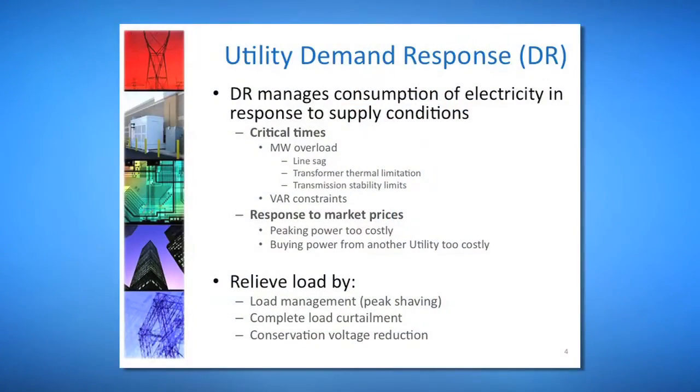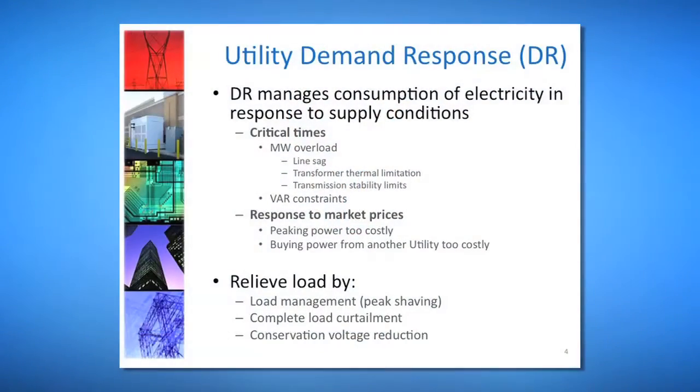When we look at utility demand response, really what we're trying to respond to is power emergencies, deficit of megawatt, deficit of VAR. You can start to sag lines and have transmission instability. If you want to see a good example of too much demand on a system, the Northeast blackout, 50 million people in the dark, that's too much demand and there wasn't enough supply both in watt and VAR to handle it. Then you have response to market prices.